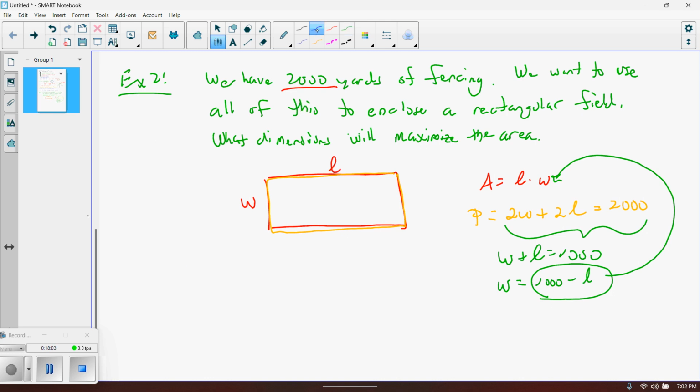So my equation now for the area is L times 1,000 minus L.